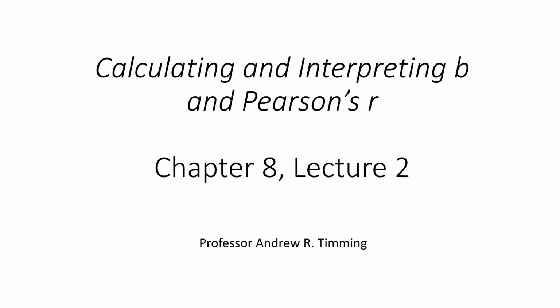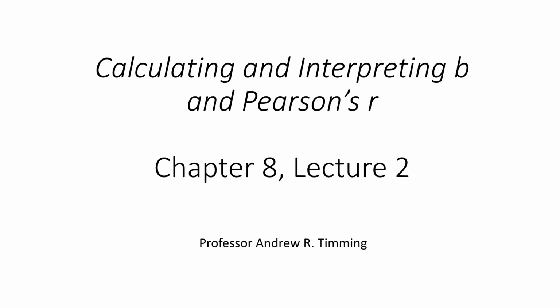This is a lecture that corresponds to Chapter 8 of my textbook, Applied Statistics. You should already have listened to Lecture 1, the previous lecture, which gave you a good foundation for understanding regression analysis.